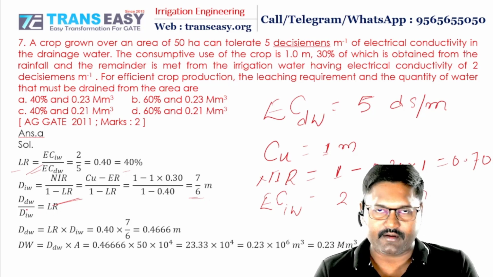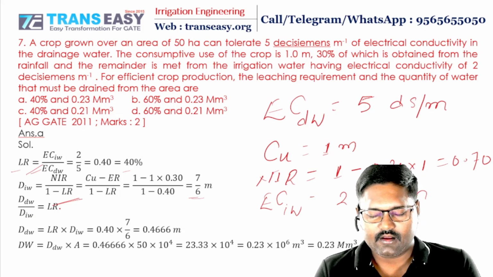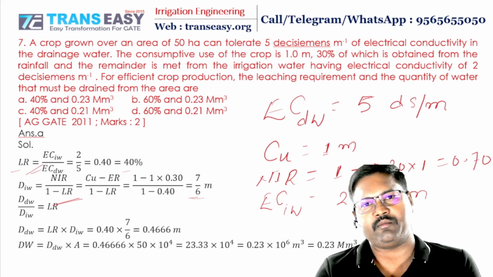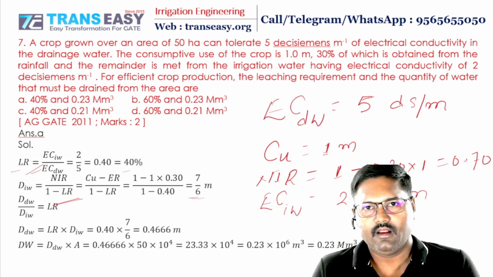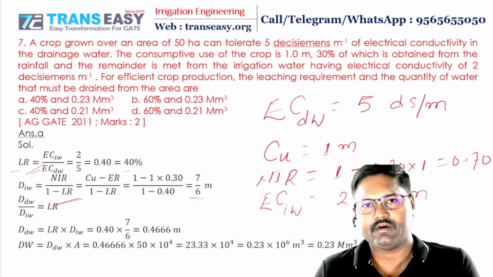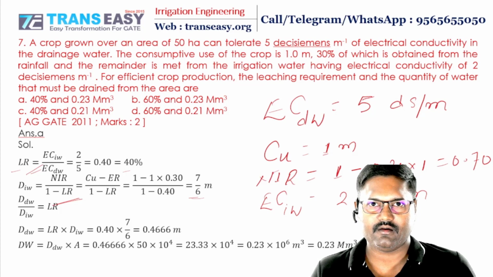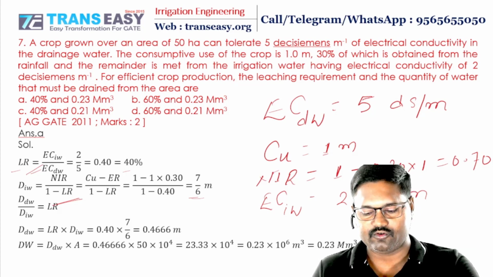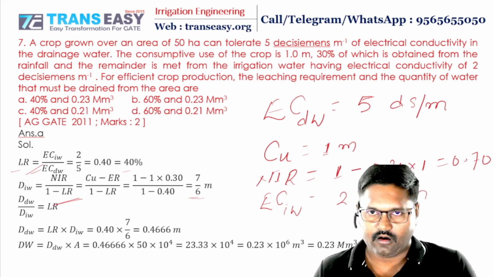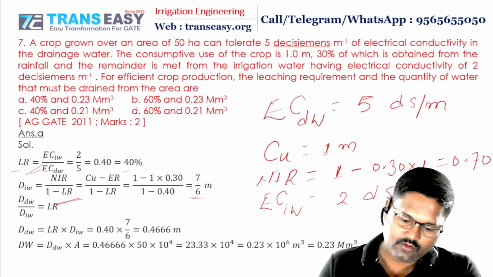Another form of leaching requirement: depth of drainage water upon depth of irrigation water is equal to leaching requirement. So depth of drainage water is leaching requirement into depth of irrigation water. Field area into depth of drainage water is the volume of drainage water, which will join the tile drain laid below. The drain will carry the salt and go out through the outlets. Clear. So our answer is A.